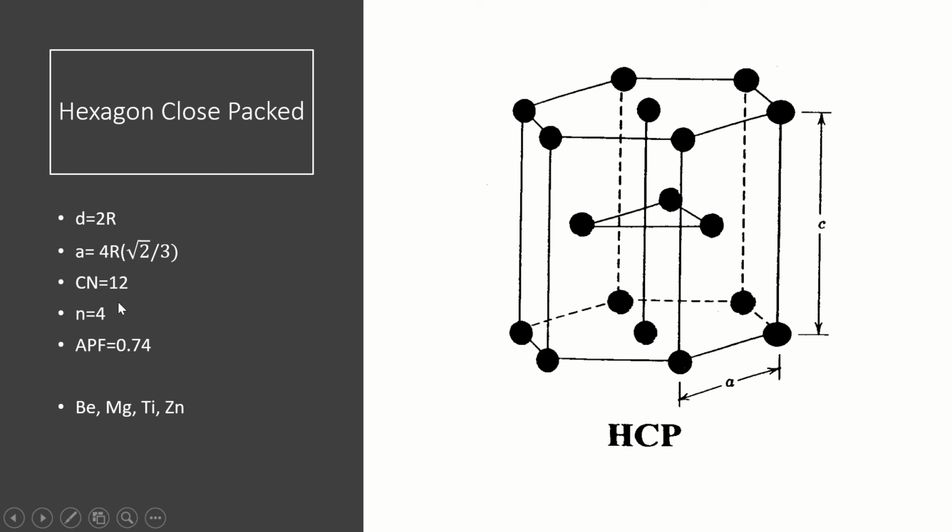And the coordination number is going to be 12, which is a lot, higher than all of the other ones. And the total amount of atoms inside of this unit cell is 4. Some examples of metals that contain this unit cell structure are Be, Mg, Ti, and zinc.